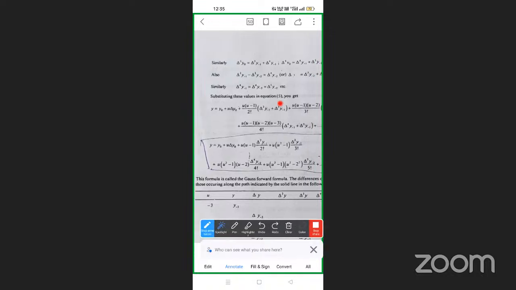So this is the formula. y is equal to y naught plus u into delta y naught plus u into u minus 1 by 2 factorial into delta square y minus 1, plus u into u square minus 1 delta cube y minus 1 by 3 factorial, plus u into u minus 1 u minus 2 delta power 4 y minus 2 by 4 factorial, plus u into u square minus 1 u square minus 2 square into delta power 5 y minus 2 by 5 factorial. So this is Gauss forward central difference formula.